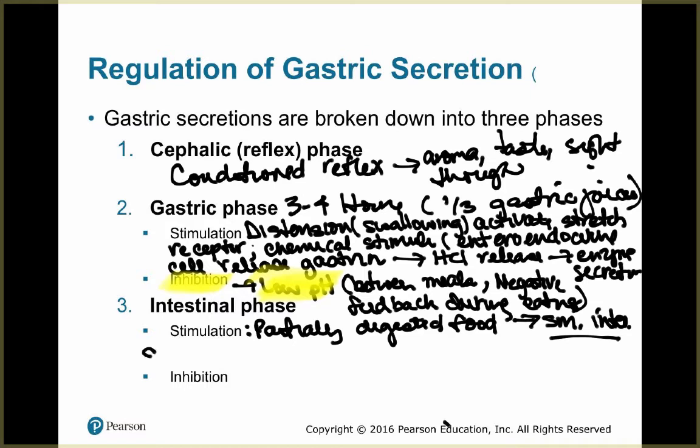And so this causes a release of the intestinal, otherwise known as enteric, gastrin.